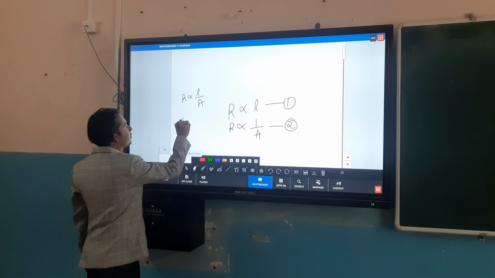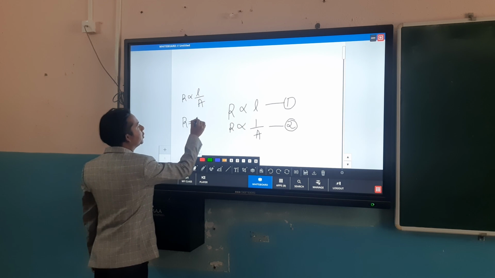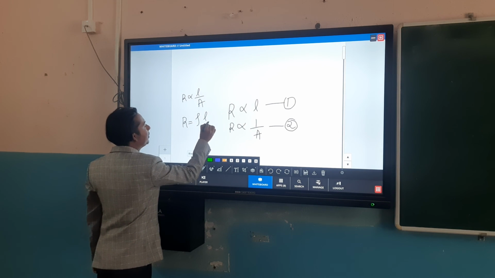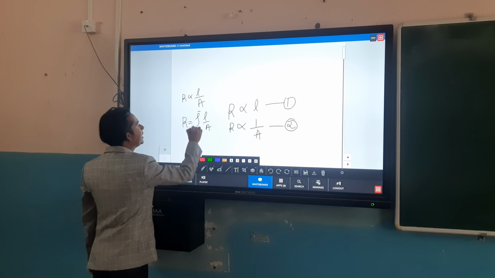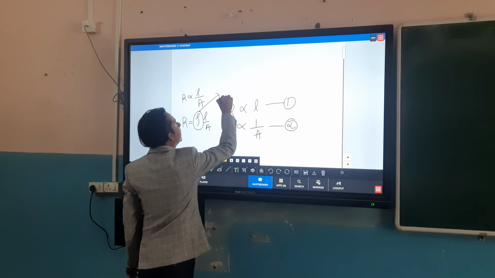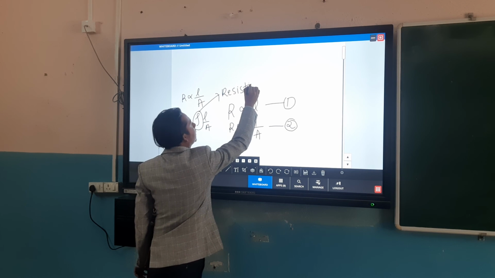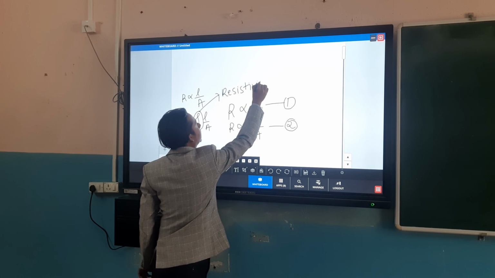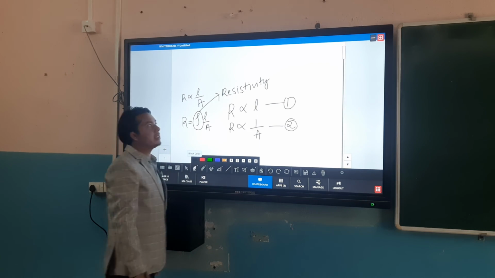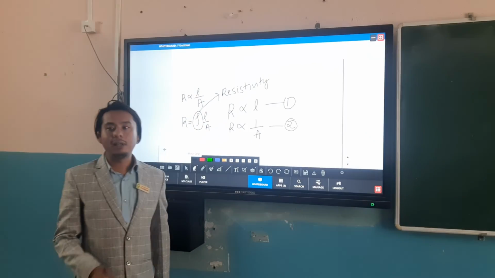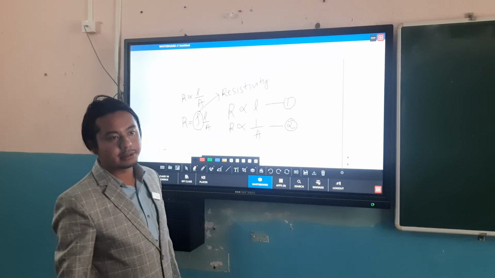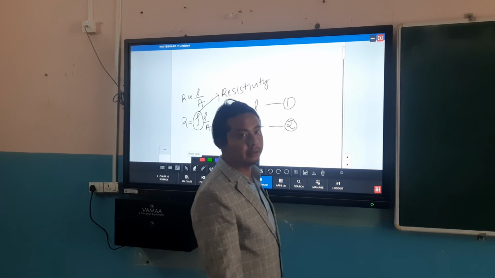So the resistance will be equal to rho times L by A, and this rho is known as your resistivity. Resistivity is something that we will discuss in our next class.